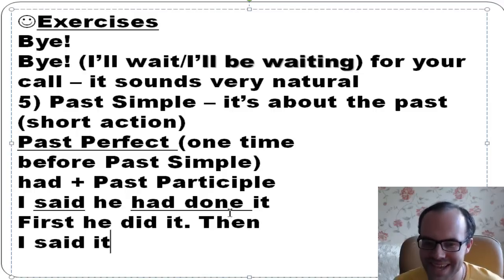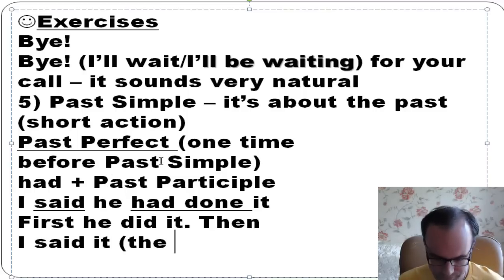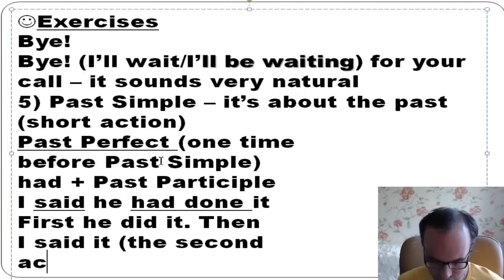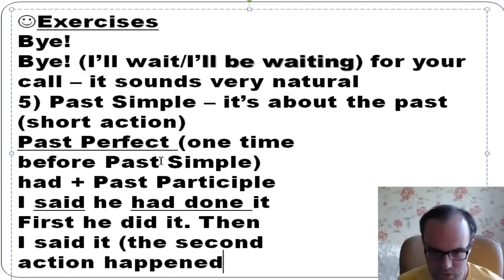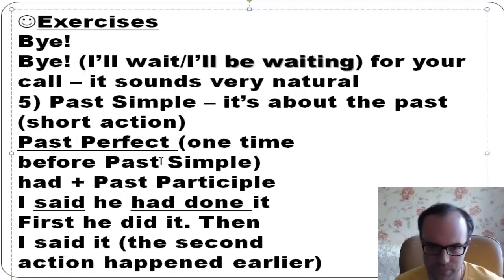So because the second action happened earlier. You see, the second action happened earlier. Yeah? So first he did it, and then I said it. Okay? I said he had done it. First he did it, and then I said it.